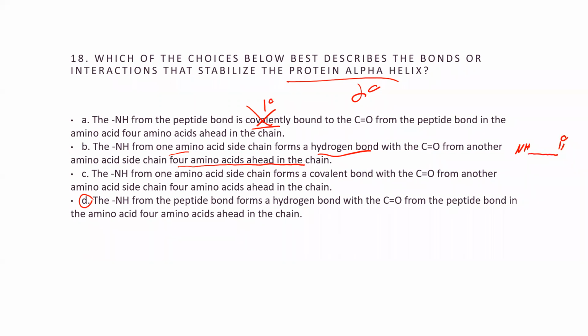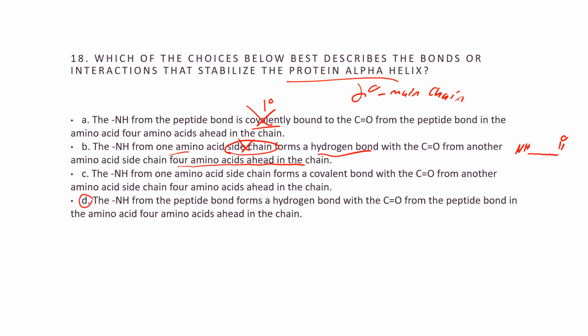And then we have our carbonyl carbon. What's the key thing here that's throwing you off? Side chain, right? Secondary structure has to do with the main chain, not side chains. So this one's not it either. Main chain.